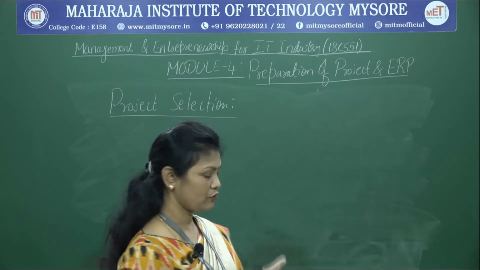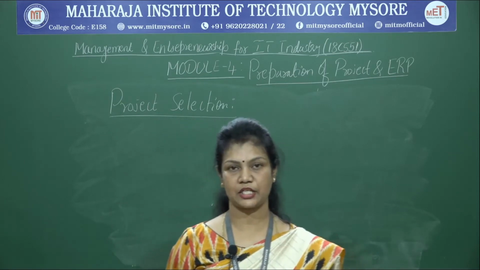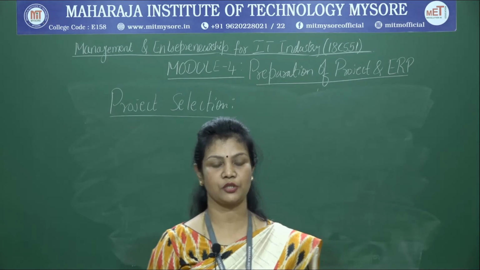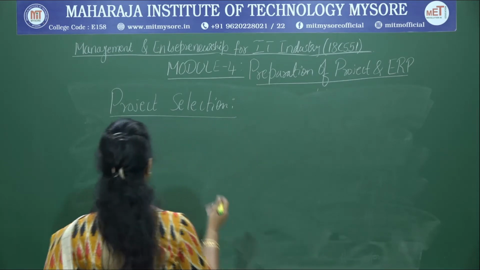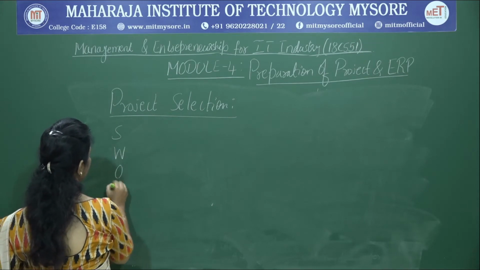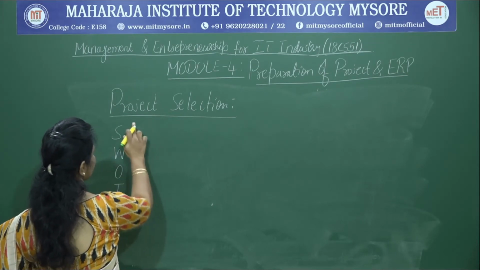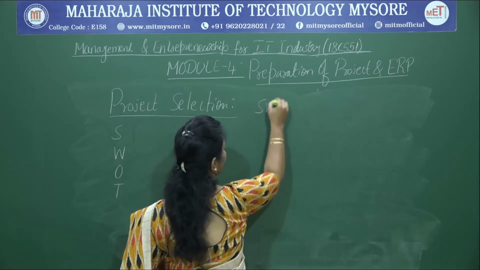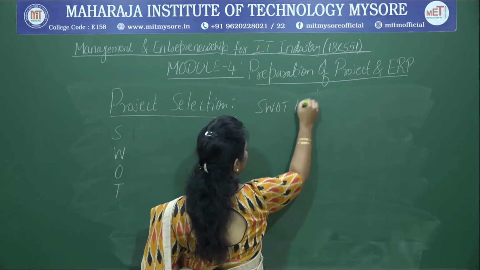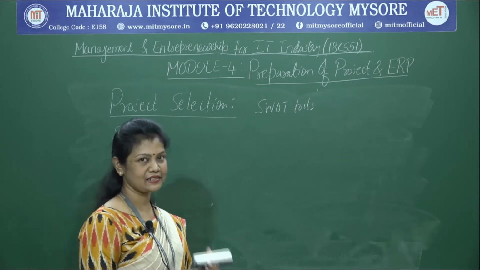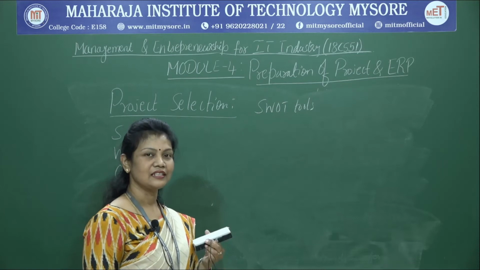So in order to perform the project selection, they are going to make use of the SWOT tool. So the SWOT tool is nothing but SWOT. This is the tool which is used in order to select the project after the identification of the project.